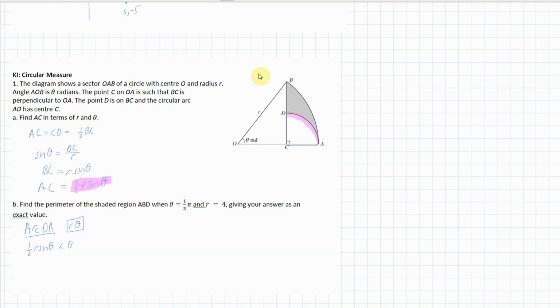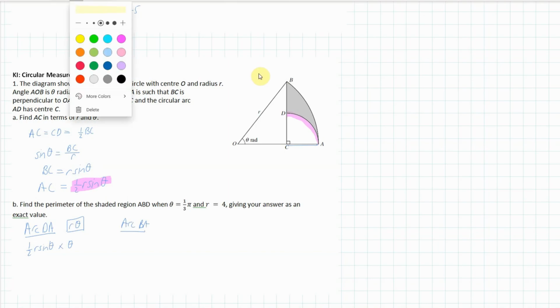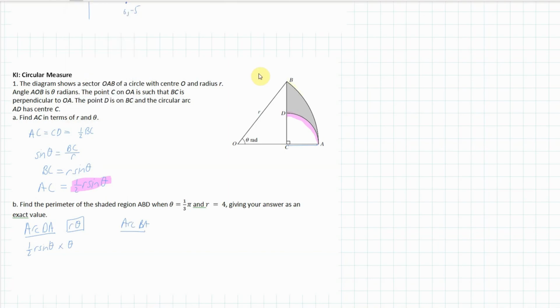Then we've got arc BA, which is this one, all the way around here. And again, that's R theta, but this time it's just R theta, because this is our R here, and that's our theta, so that's fine.